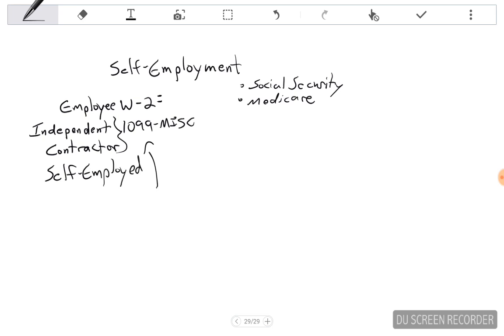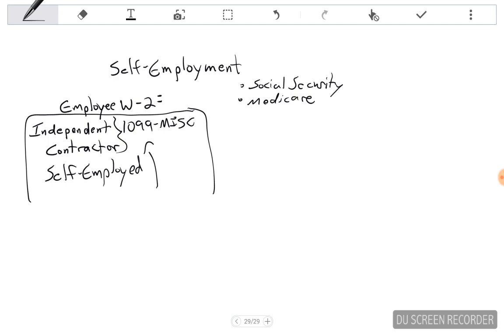So you have to pay your portion of the Social Security and Medicare, and on top of that, the employer's portion. That's where the trouble in paradise comes, being self-employed: you have to pay an extra like 8% of your income out to employment taxes.